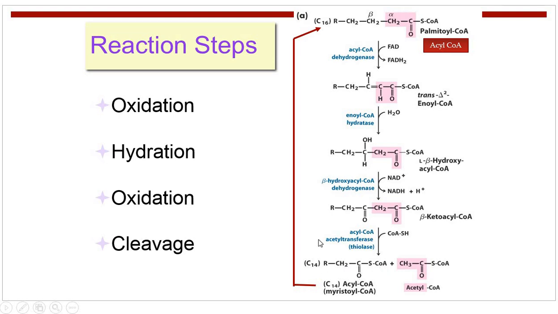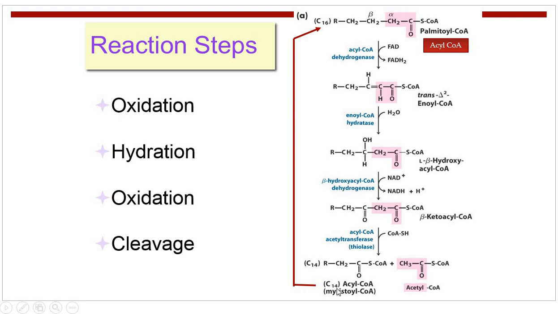Beta oxidation proper is a cyclic pathway. The 4 steps of beta oxidation are repeated until the whole chain of the fatty acid is oxidized completely, because here we again get an acyl coenzyme A, which is a 14-membered chain.